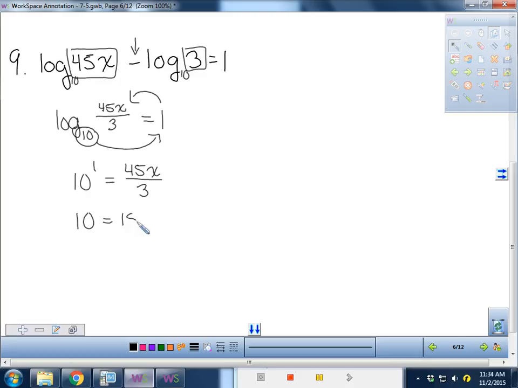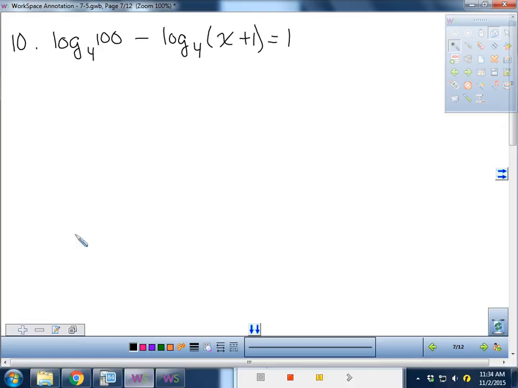So this gives me 15x. Now all I have to do is divide by 15. And I need to reduce that. So that gives me x equals 2/3 because they both divide by 5. Okay?